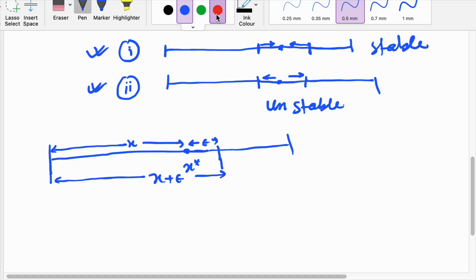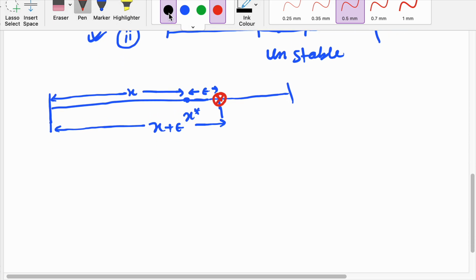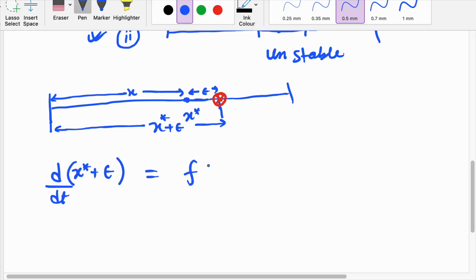Now I want to see how my equation behaves around this point. In place of x I have to write x star plus epsilon: d dt of (x star plus epsilon) equals f of (x star plus epsilon), where epsilon tends to 0.